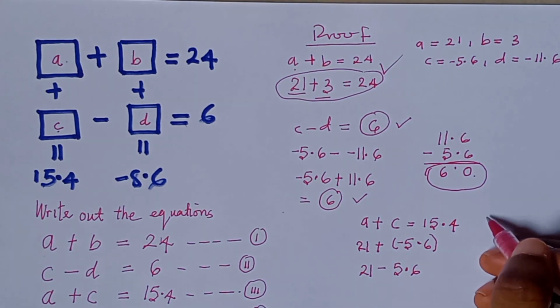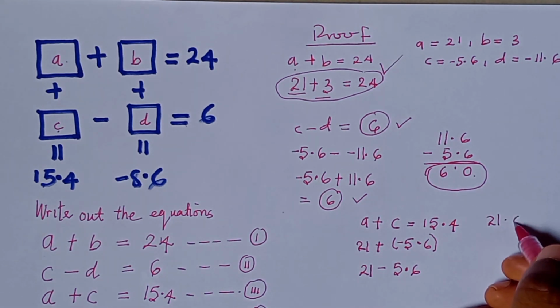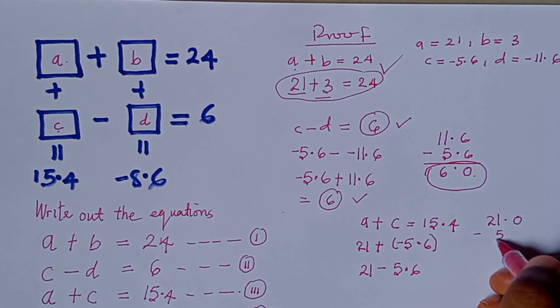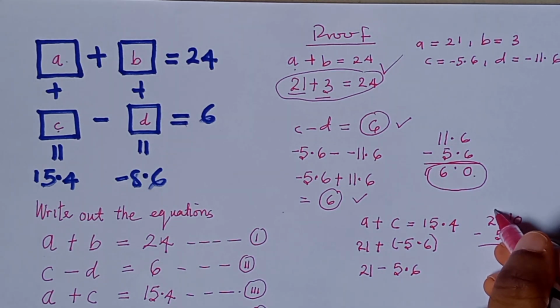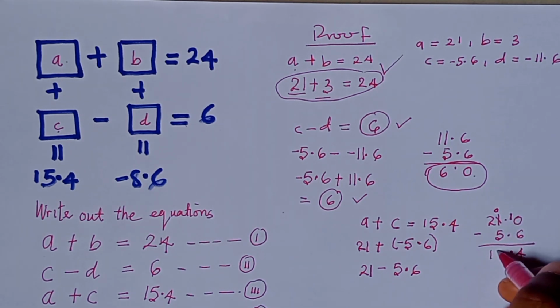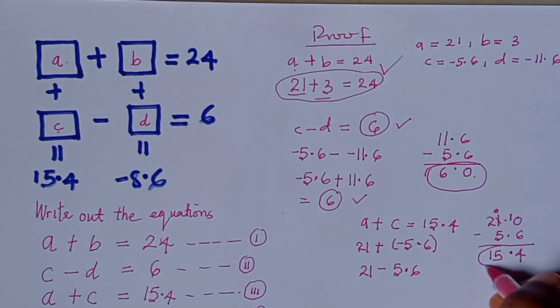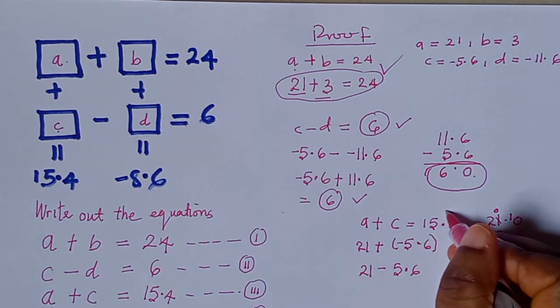So we can do that subtraction here. You have 21.0 minus 5.6. Okay, so 0 minus 6 we cannot do that, so we take 1 from here. Now 10 minus 6 will give us 4. Have a decimal point. Remember that 0 is left here. So our 20 minus 5 will give us 15, which is the same as this.